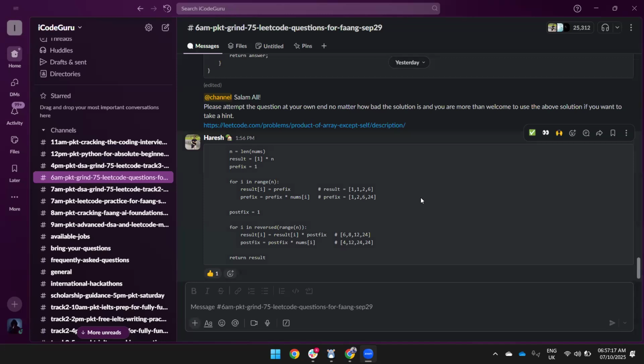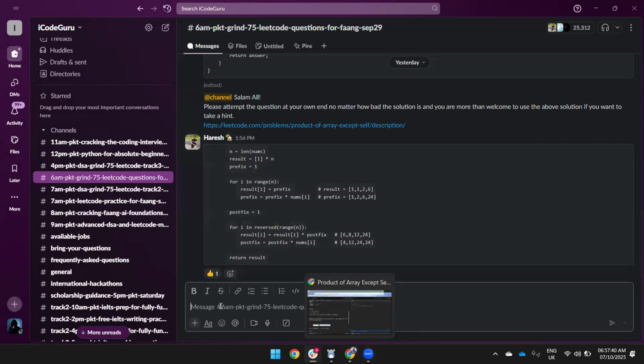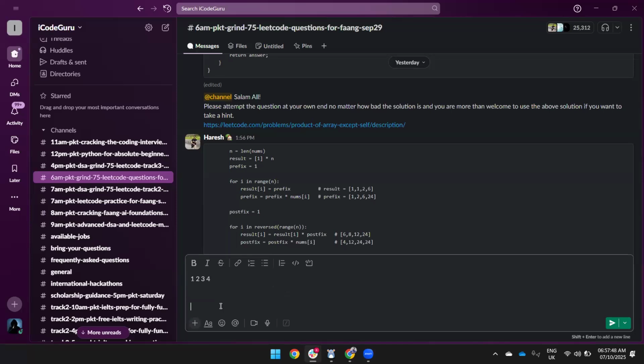So, sir, first of all, we are computing the prefix. I am discussing it on Slack. Computation of prefix is easy. We have the original array, I am writing it 1, 2, 3, 4. First we will compute our prefix.